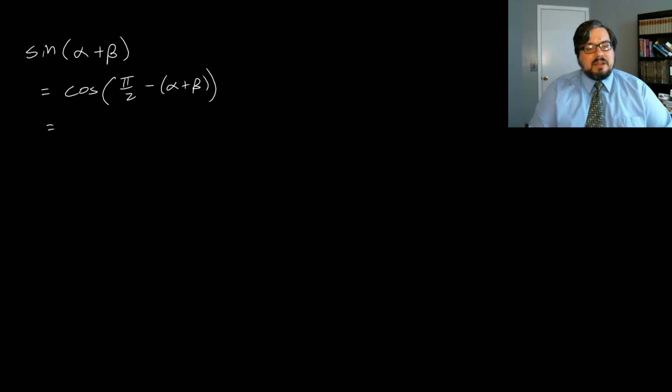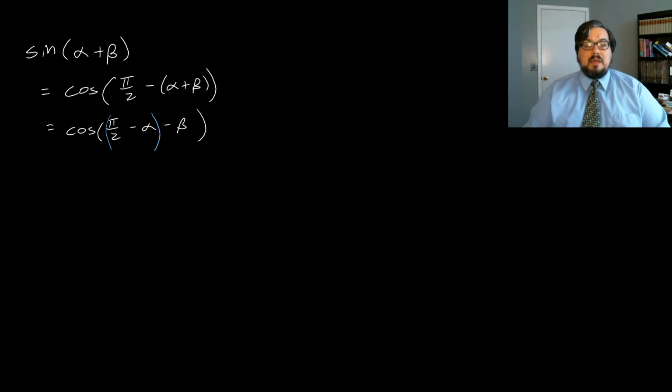Now we can rearrange this a little bit. Cosine of pi over 2 minus alpha plus beta is cosine of pi over 2 minus alpha minus beta. In fact, I want to group it up this way, as cosine of pi over 2 minus alpha, minus beta.